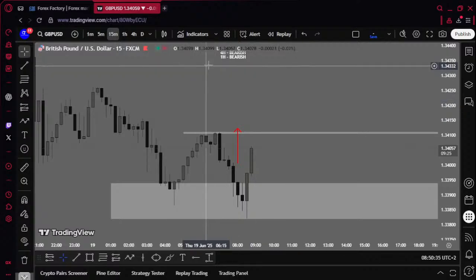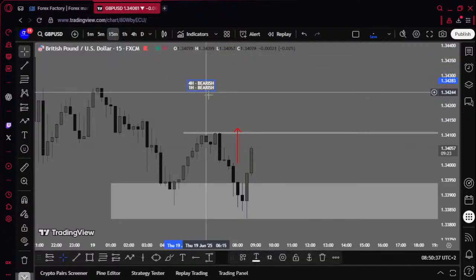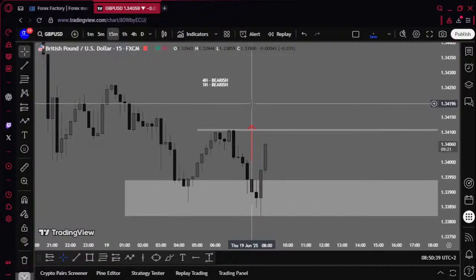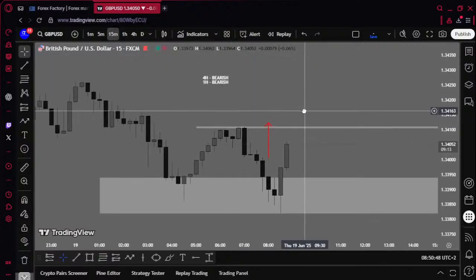Because even though most of my time frames are going in the same direction, if your highest time frame is not aligned, then you'll still more than likely not find a high probability setup.